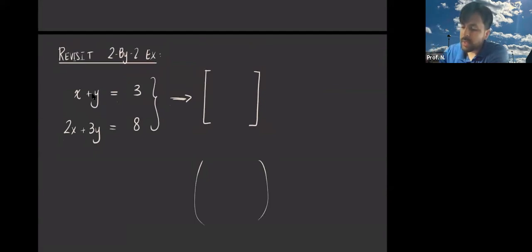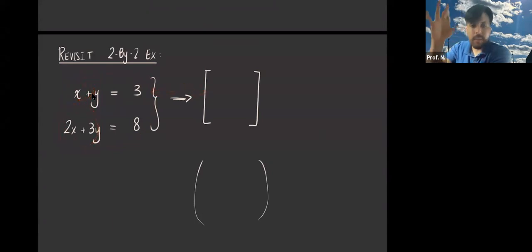So if you look at this, there's a bit of structure behind these systems. I don't write y first and then x. I'm not writing the constant first and then putting the variables after.